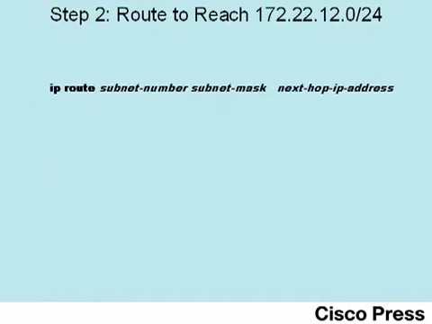To configure that route in router 1, we're going to use the IP route global configuration command. In this case, we'll use the style of IP route command that uses a next hop IP address. The first real parameter in the IP route command is the subnet number along with the subnet mask, as you see here. Together they define the destination subnet.